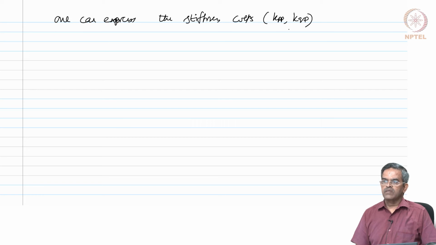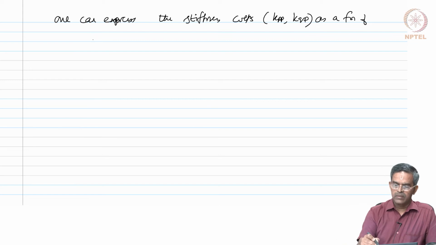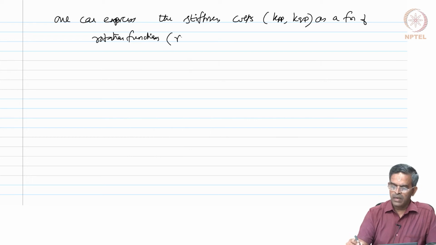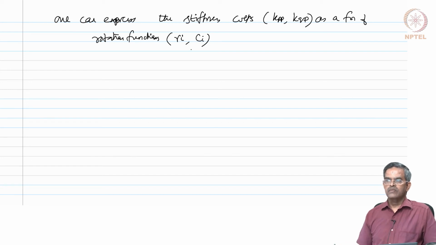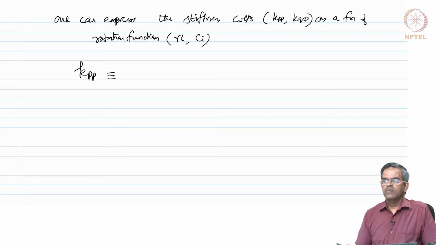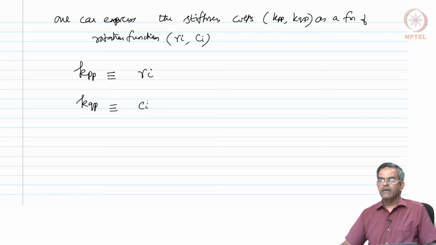These are rotation coefficients, are not, as a function of rotation functions Ri and Ci. So I can now say KPP is identically equal to Ri, KQP is identically equal to Ci.